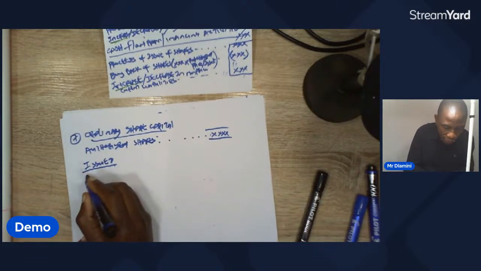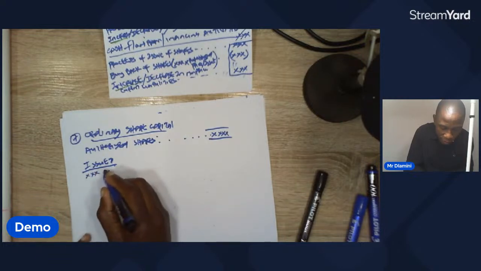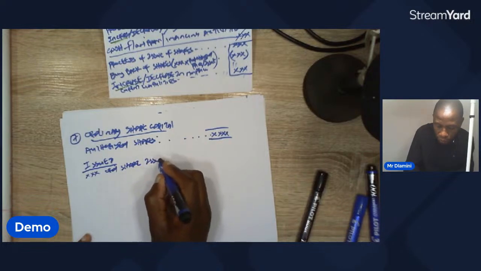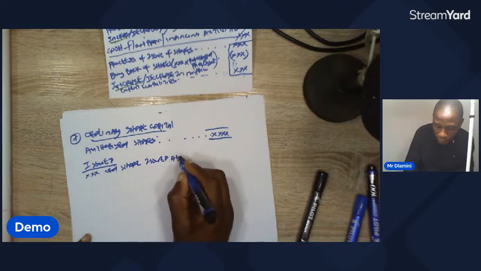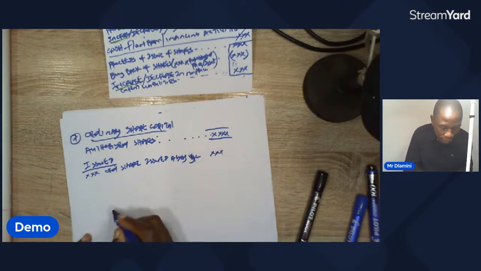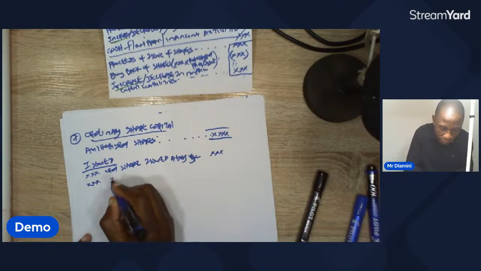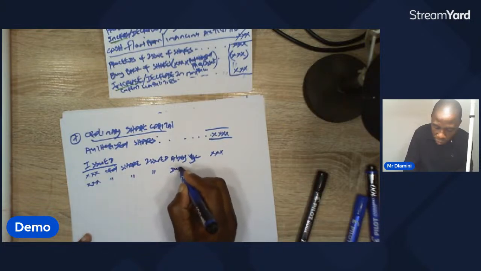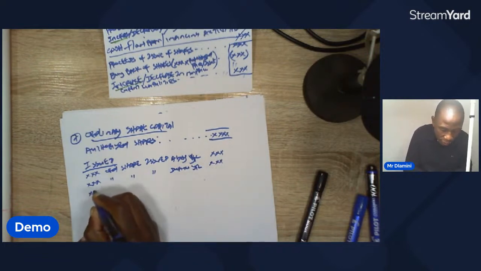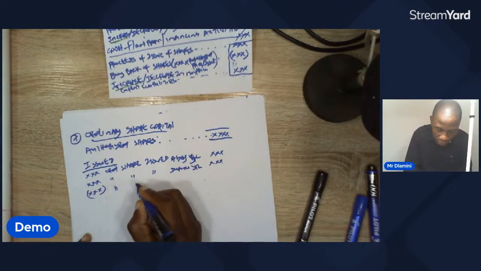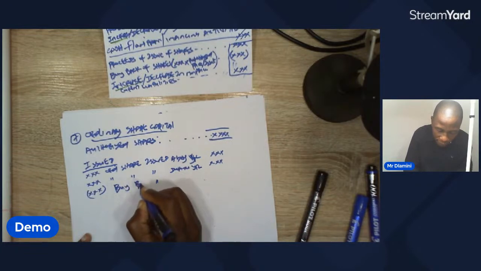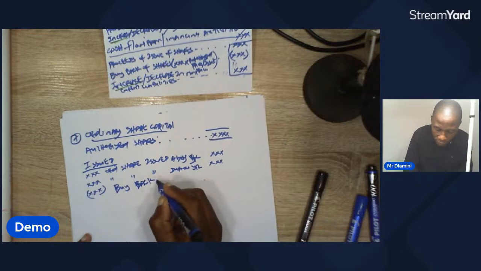We have the number of ordinary shares issued at the beginning of year, and then ordinary shares issued during the year. And then we have buyback of shares.